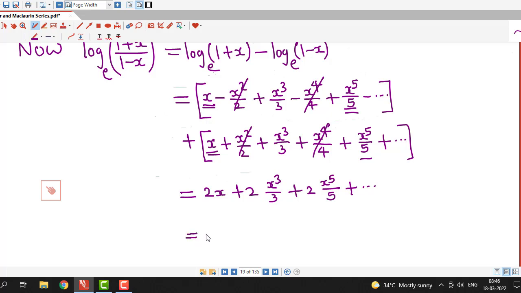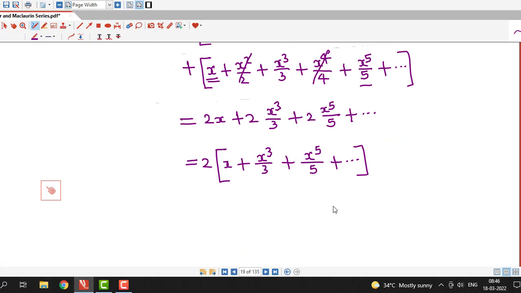And we can take 2 common, so we have 2 times x plus x cube by 3 plus x raised to 5 by 5, and so on. So this is the series of log of 1 plus x divided by 1 minus x to the base e, and we give this number 3.